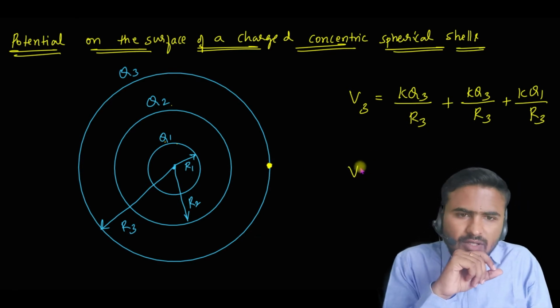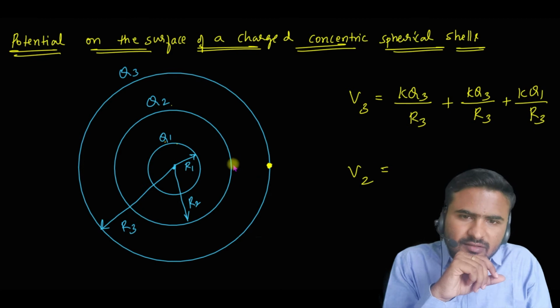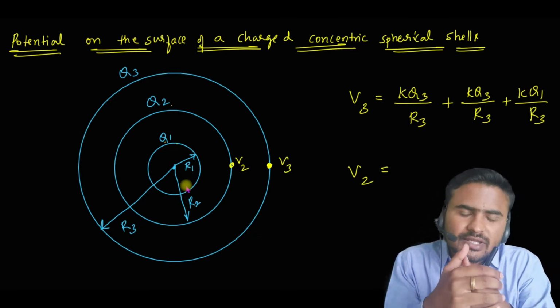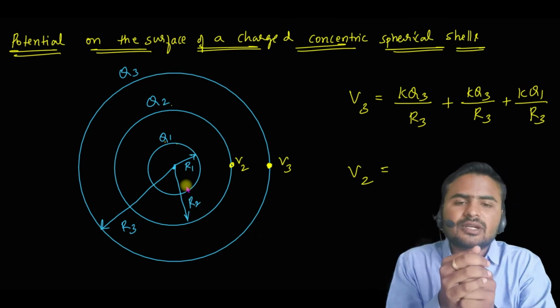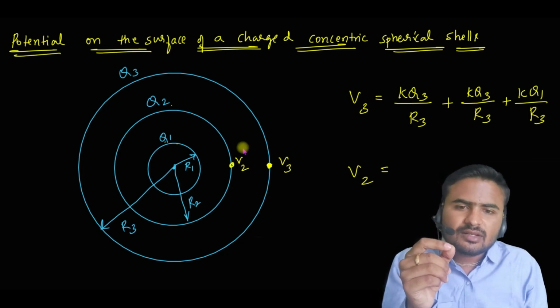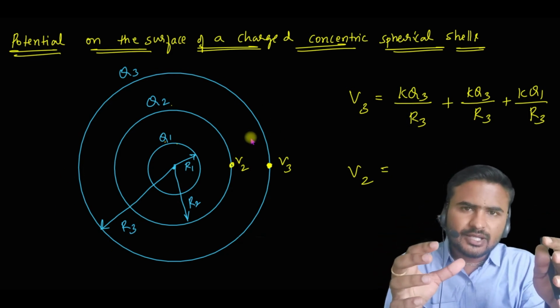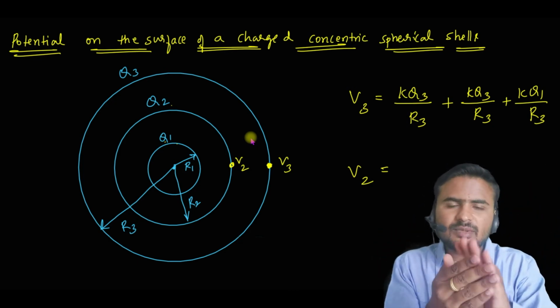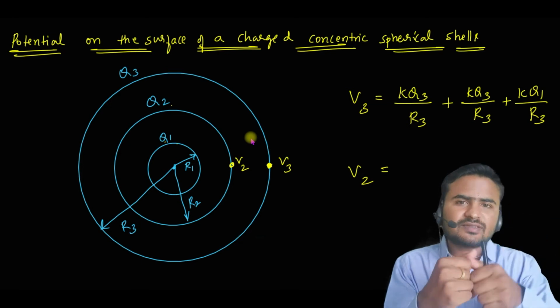Now I want to know the potential on the surface of the second sphere. Here the potential is v3, and here let us say the potential is v2. How am I going to find the potential on the second sphere? If I am on the second sphere, obviously I am inside the third sphere, so everywhere inside the third sphere, due to the charge on the third sphere, the potential will be the same as on the surface of the third sphere.